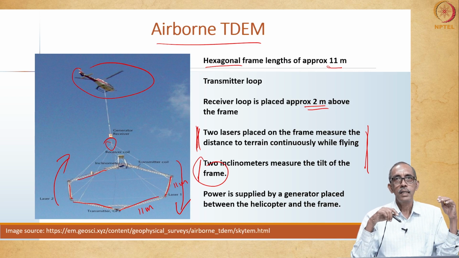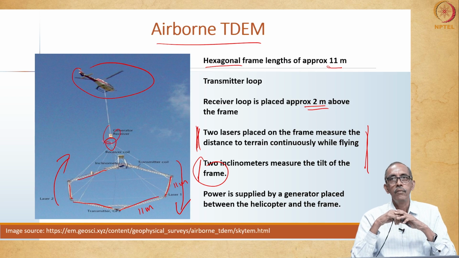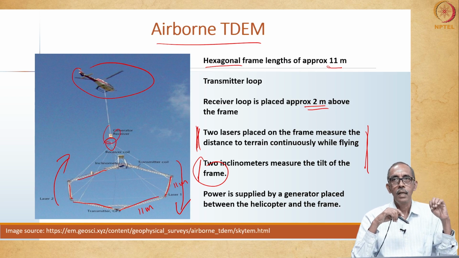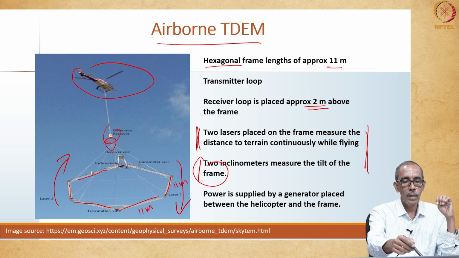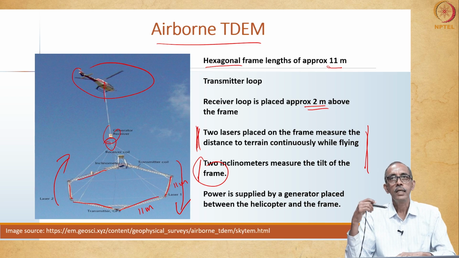And there is an in-house generator which supplies power to the transmitting coil. This generator is also fixed between the frame and the helicopter, right. So, this is how a very large area can be surveyed very rapidly using the electromagnetic method.